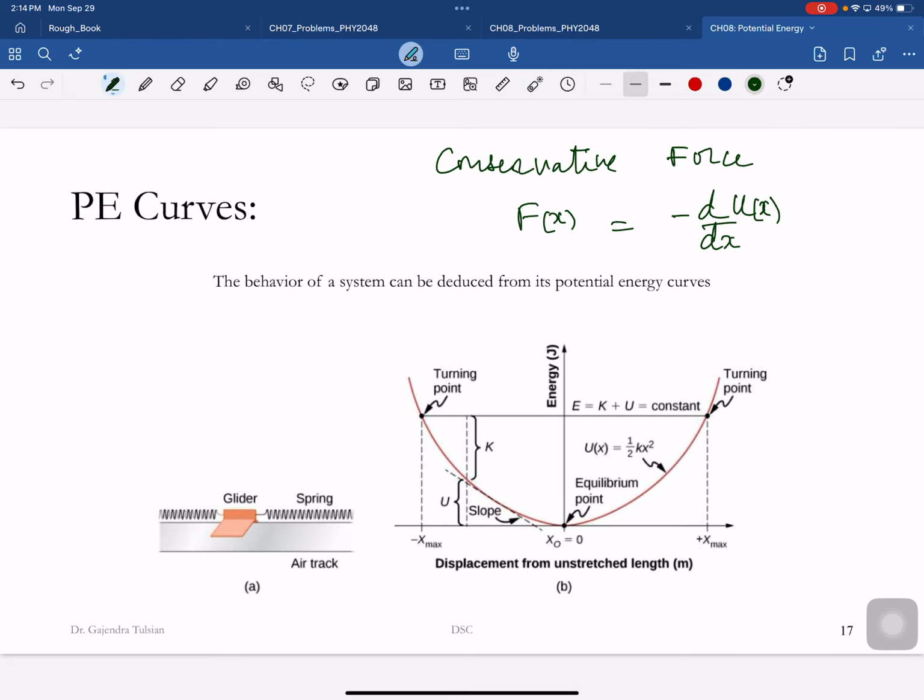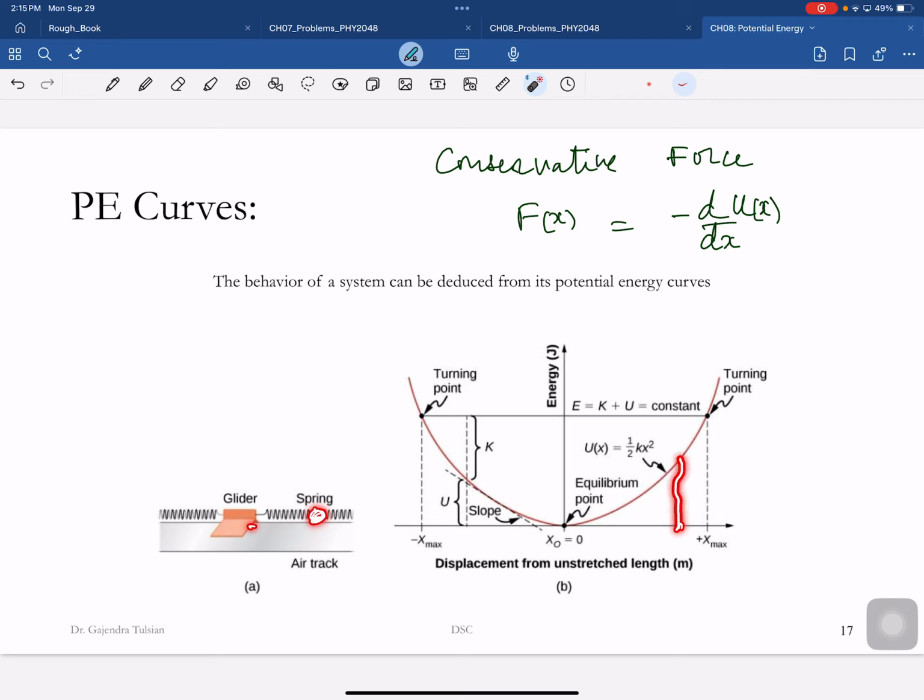So for instance, for this mass attached to the spring, if you pull it in this direction, the spring stretches, and the system will get pushed back in this direction. If you push it in that direction, it'll get pushed back in this direction. The potential energy of this is given by this graph, this parabola. So let's say the system is here.